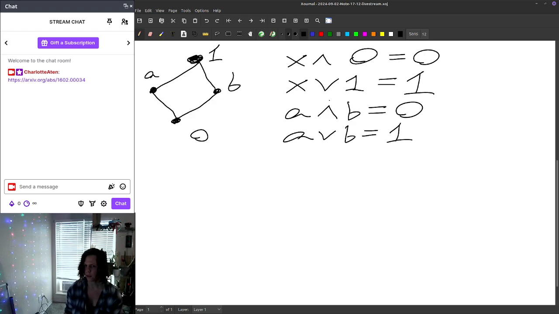Okay, so that's some kind of algebraic structure that has these two operations.